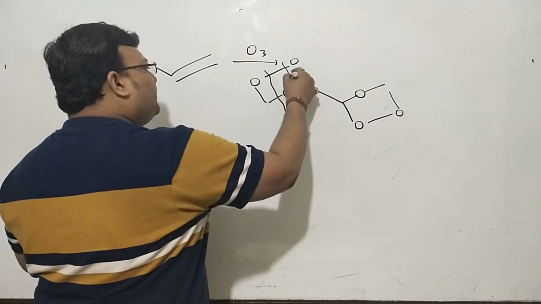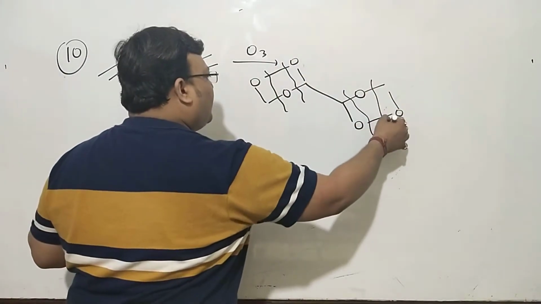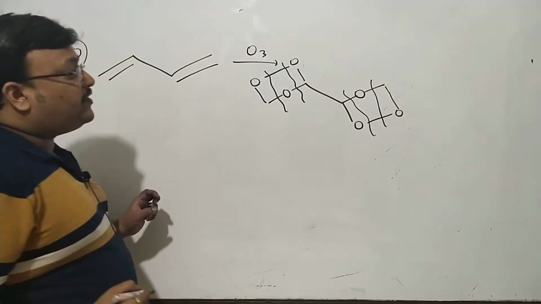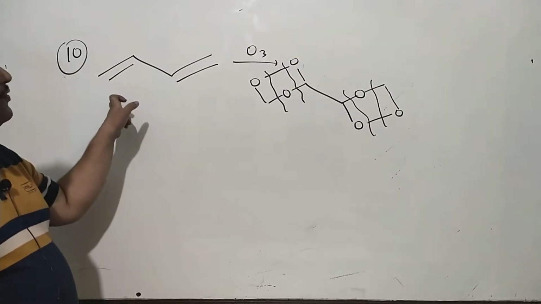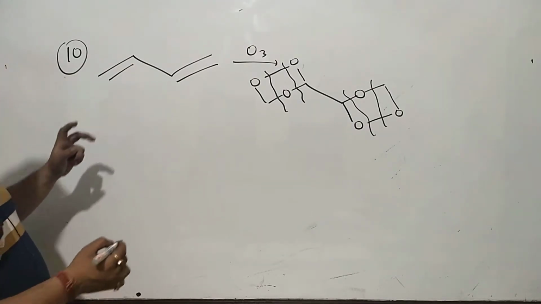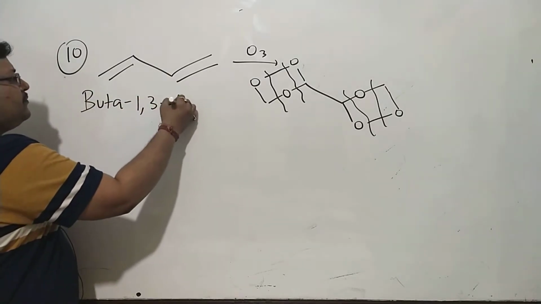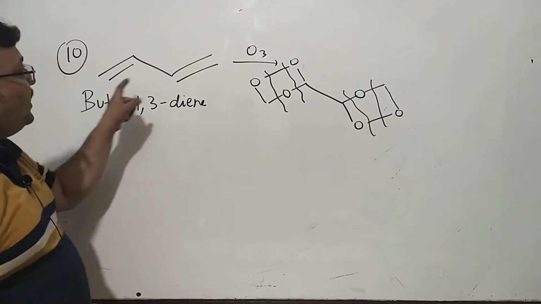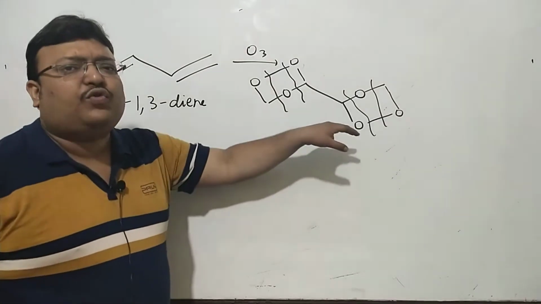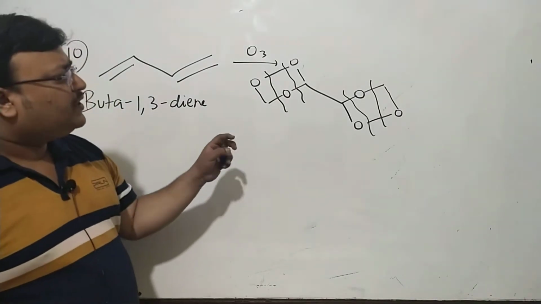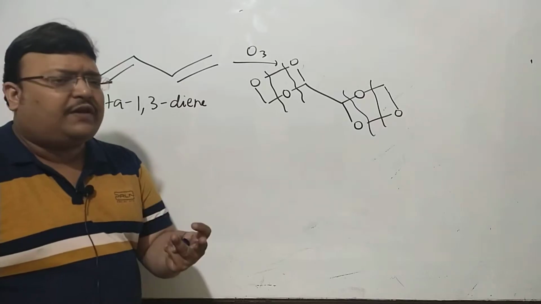Break it from left, right, and naturally this time, because there are 2 pi bonds, buta-1,3-diene, and a diozonide form, it will give you 3 fragments.